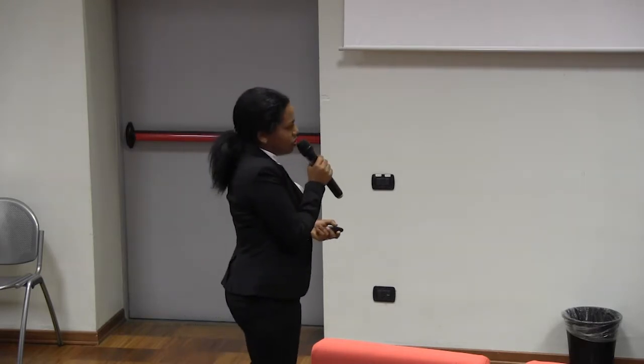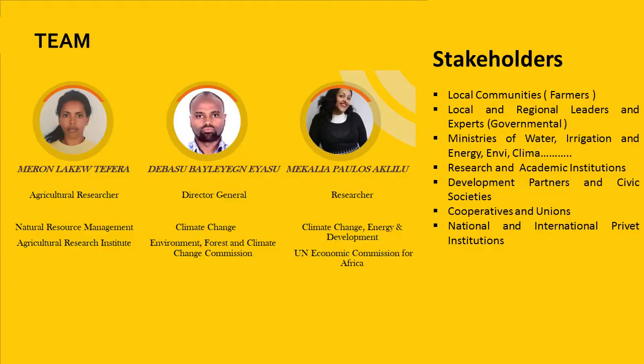Also, luckily, we have the General Director of Climate Change at the Environment, Forest and Climate Change Commission, Mr. Dabasu, and the researcher on Climate Change, Energy and Development from the UN Economic Commission for Africa, Ms. Makalia, to come up with this idea.